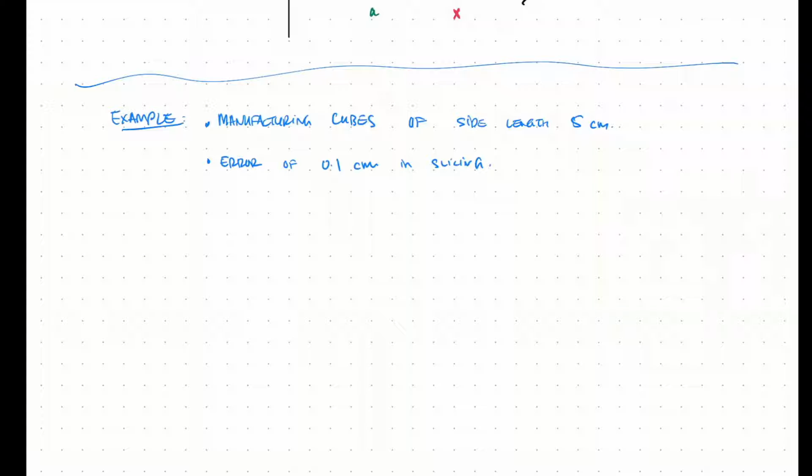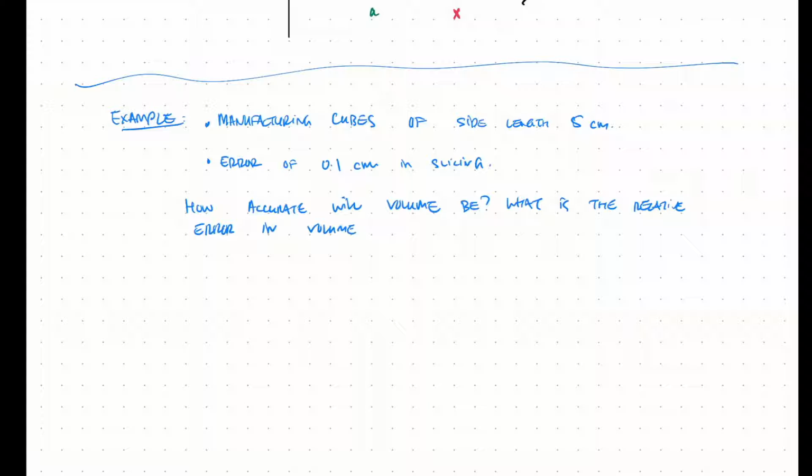So the question is, how accurate will the volume be? Or you could also ask, what is the relative error in the volume?